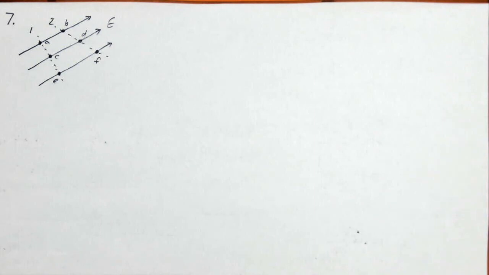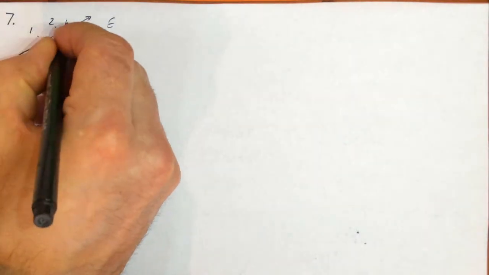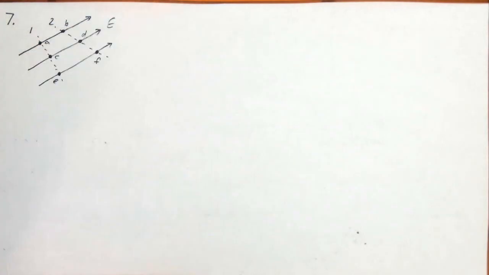Okay, so we know a few rules about electric fields and potential lines. One is that electric fields point perpendicular to surfaces of equal potential, and they always point towards lower potential, which means from here to here, the electric field is pointing that way, so B must be at a lower potential.